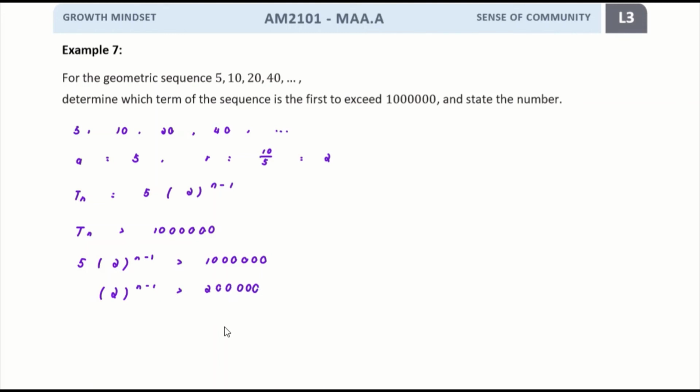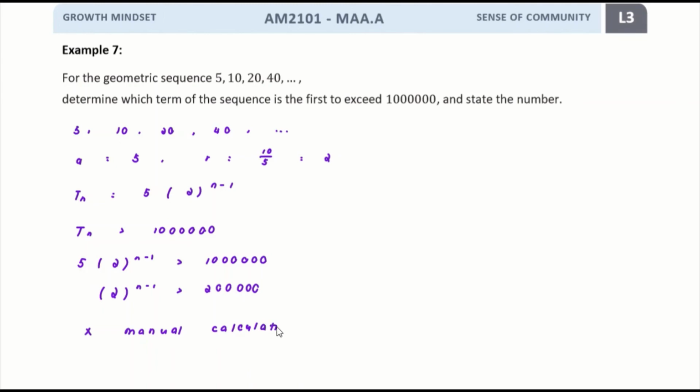After we get this, how are you going to solve it? We can't do it like just now, because you can't get a number with base 2 that gives you 200,000. You need something that is log. I believe the majority of the class do not take additional mathematics, so you do not need to solve this by manual calculation, because you do not have prior knowledge in logs.